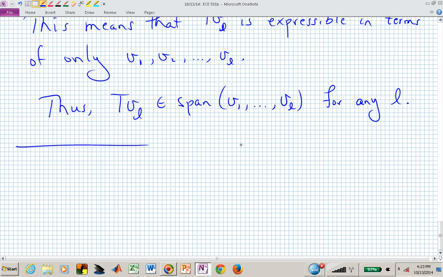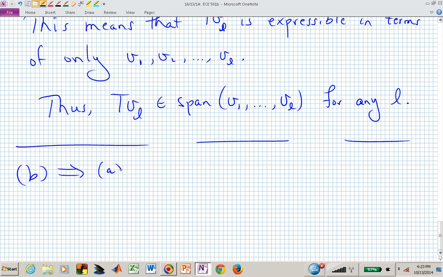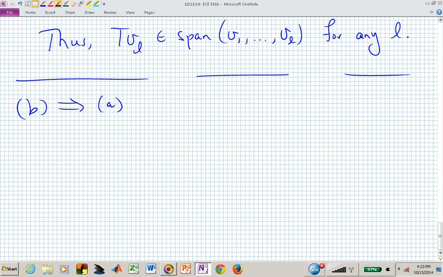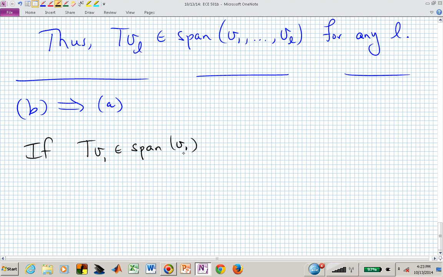Let's now go in the other direction. Let's say that we now have B, and let's show that that implies A. B now says that we have the following. T v1 is in the span of v1.